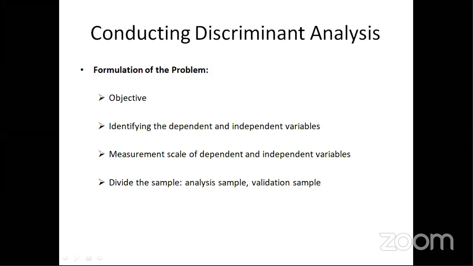So first you have to convert your dependent variable into categorical. What we can do is make three groups: one, expenditure of the household less than 20,000; second, expenditure between 20 and 35,000; and third, more than 35,000. Now you have converted your dependent variable into nominal scale.